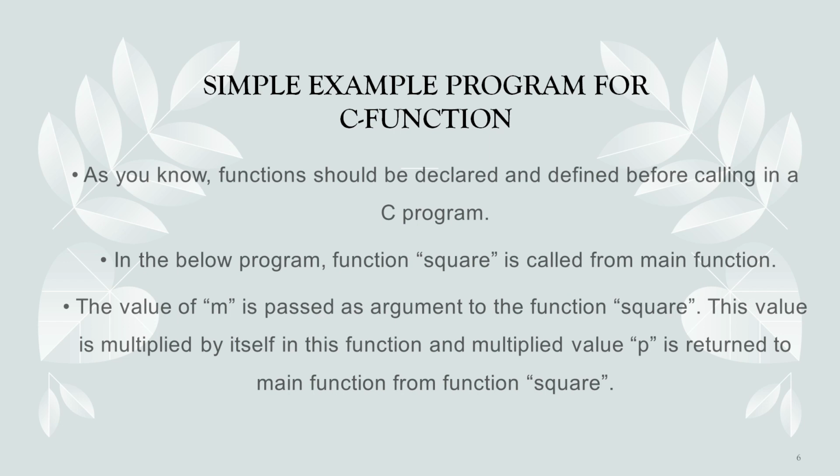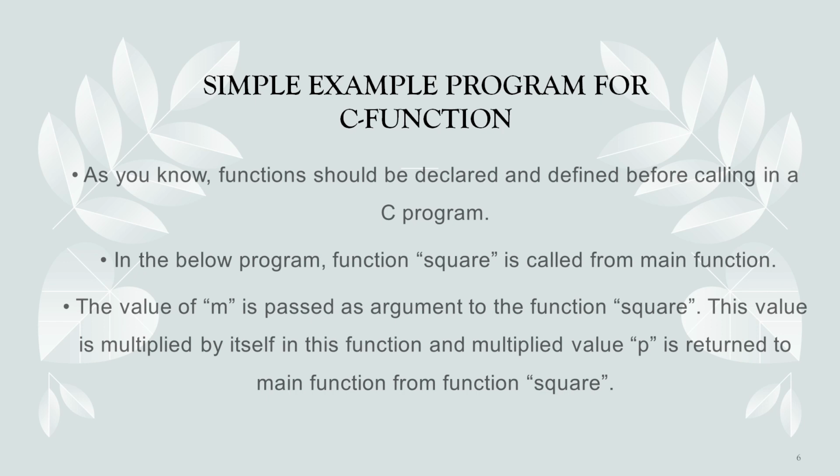Simple example program for C functions. As you know, a function should be declared and defined before calling it in a C program. In the program below, the function square is called from the main function. The value of m is passed as an argument to the function square.